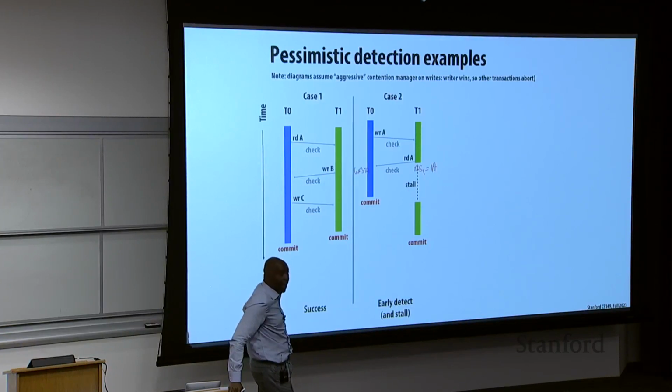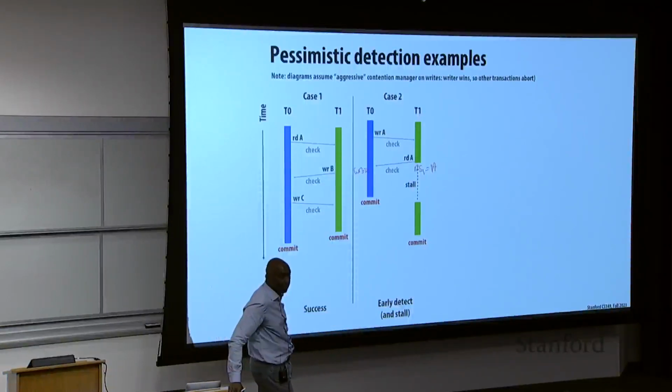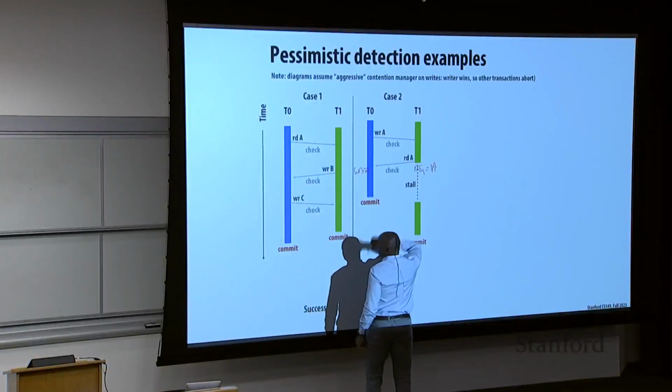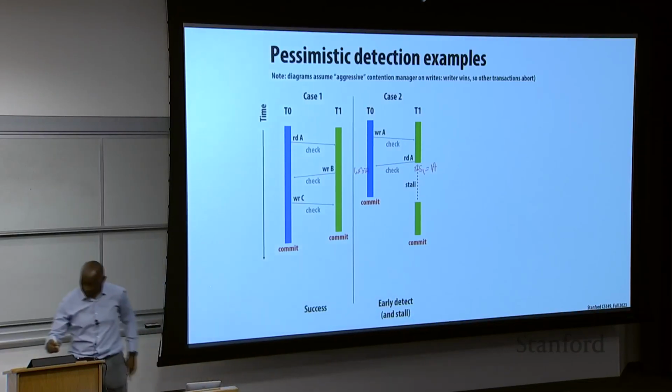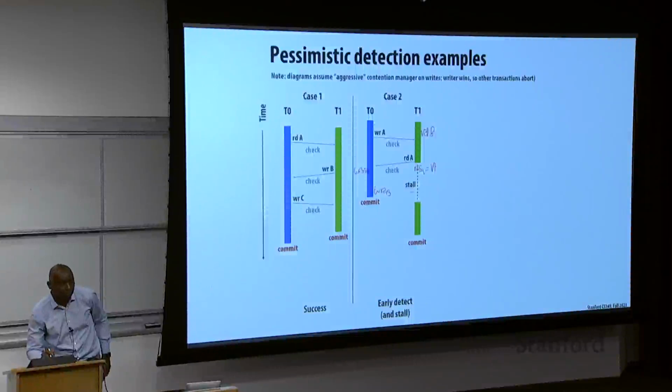So every pessimistic detection says on every access, I do the check. Suppose above here I had read B, for example, and then down here, I wrote B. At this point, this would cause this transaction to abort.